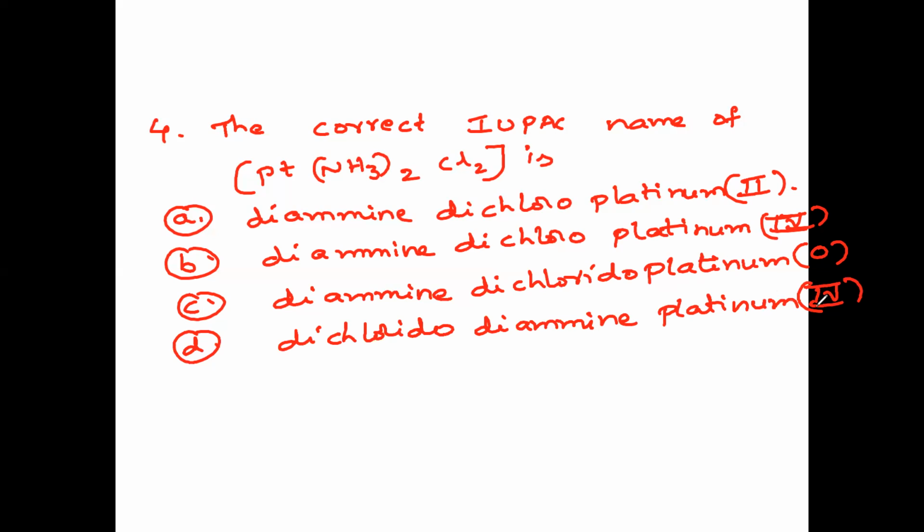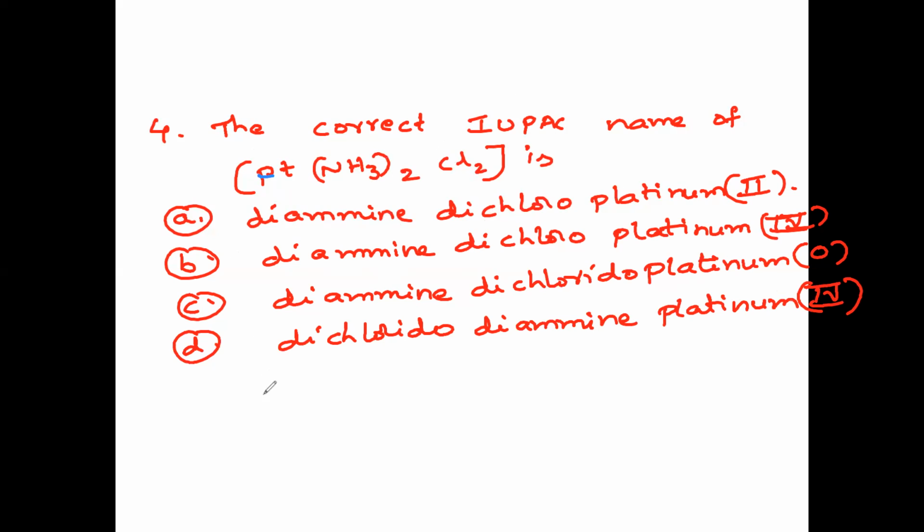So this question is based purely on oxidation states. Easily by seeing, you can understand. Diamminedichloro is fine in all the cases, so we do not have to worry about ligands. We have to worry about only the oxidation state of the metal here.